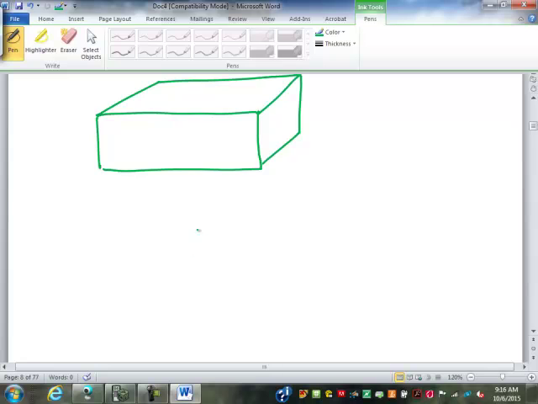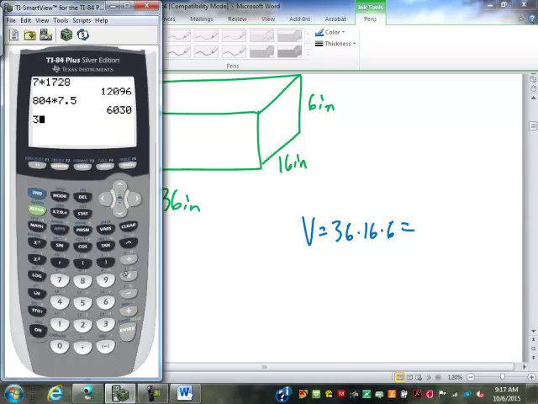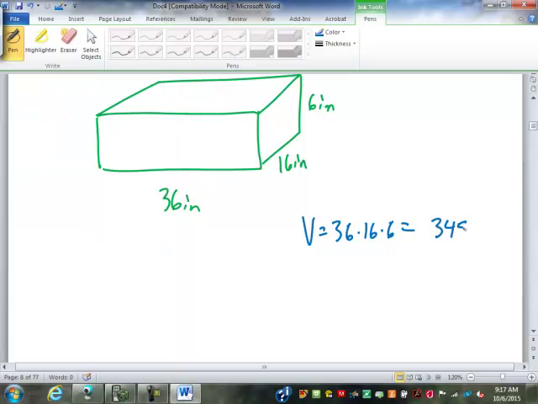Let's take a tank that is approximately 36 inches by 16 inches by 6 inches. Its volume, of course, is going to be 36 times 16 times 6, which is 3456. That is in cubic inches. So how many gallons is that going to be?